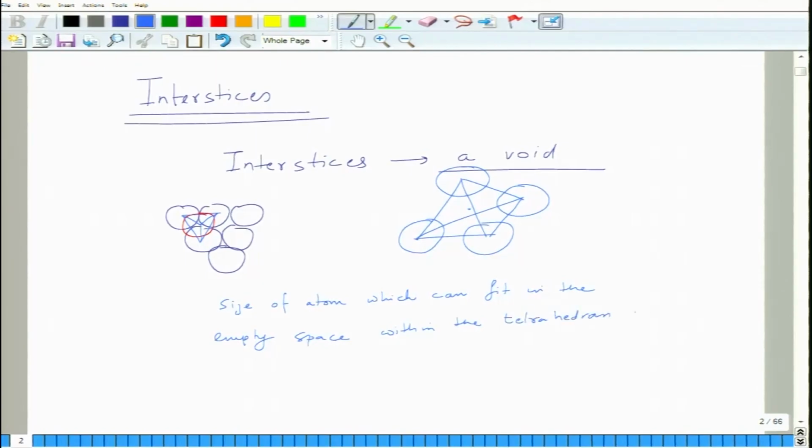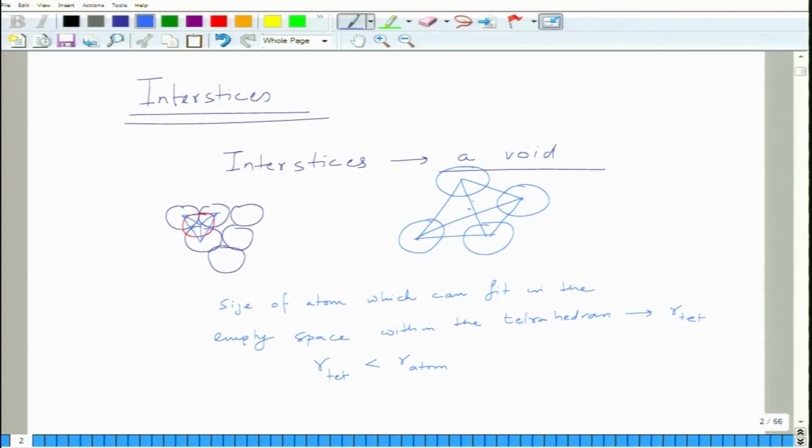is called R tet, let us say, and this R tet is much smaller than R, the radius of the host atom. We'll see what this size is.